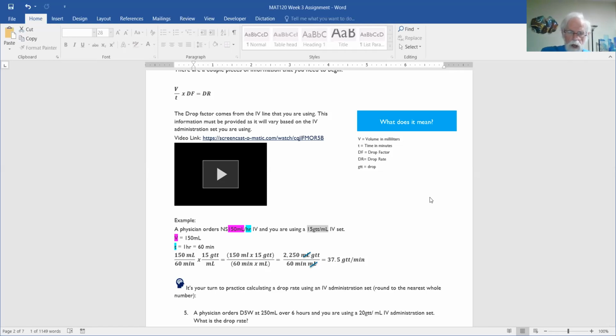And it's all about error. Just say you have one milliliter a minute and you want to use a 10 drop factor set. That would be 10 drops a minute. Well, if you're off by one drop, you're off by 10%.